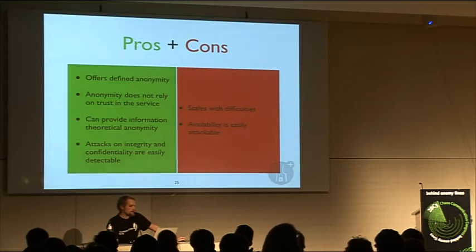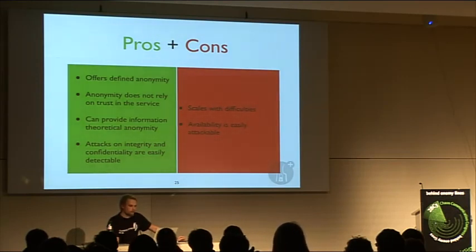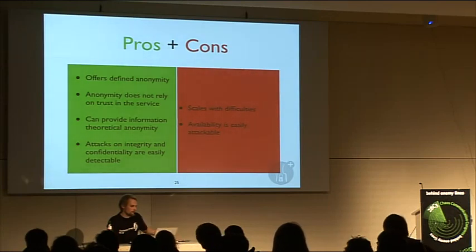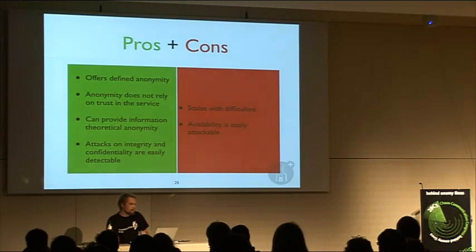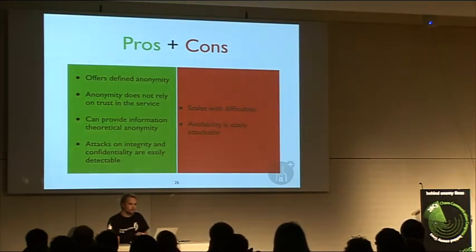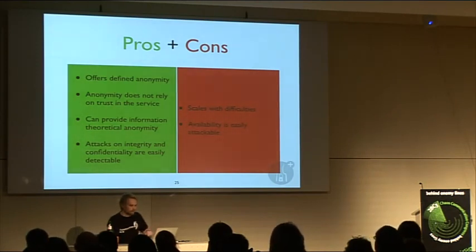And attacks on integrity and confidentiality are easily detectable. Of course, I have to mention the cons. It scales with difficulties, and the availability is easily attackable. But if you want anonymous communication, sometimes availability can be put behind the quality of anonymity.